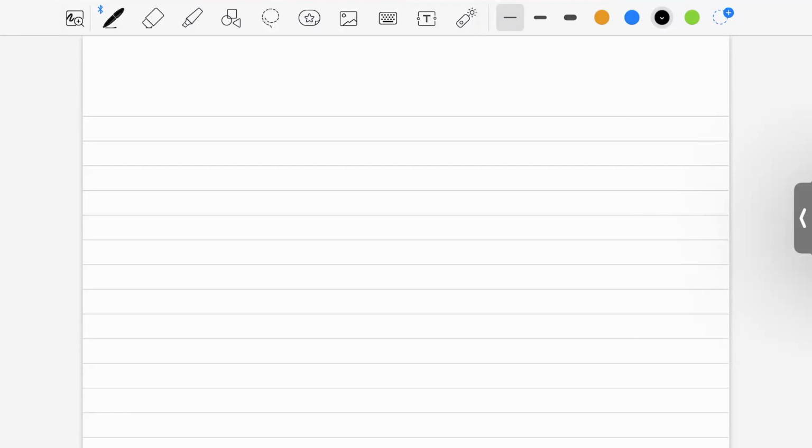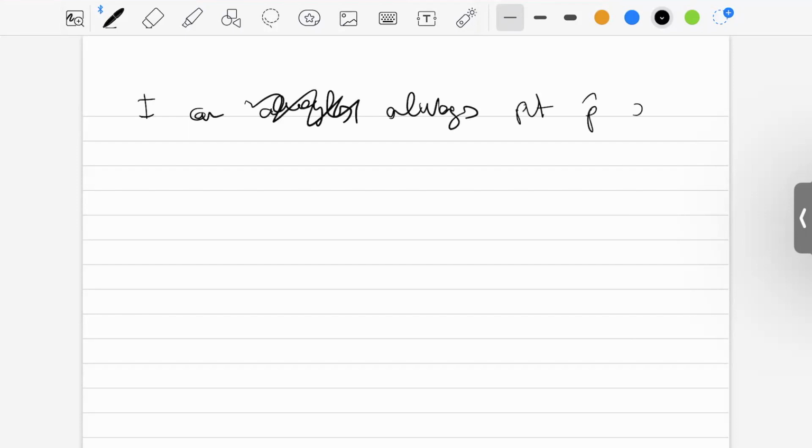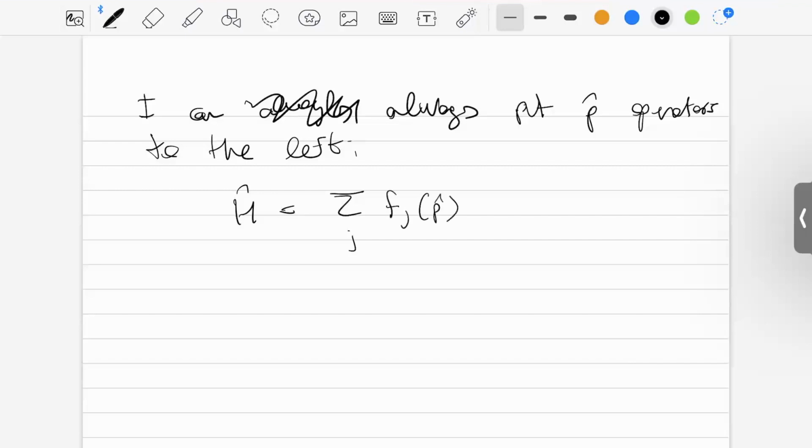So I can always put the P operators to the left, and write the Hamiltonian in this form: as a sum of terms of some function of P on the left and some function of Q on the right. This is the so-called normal ordering.